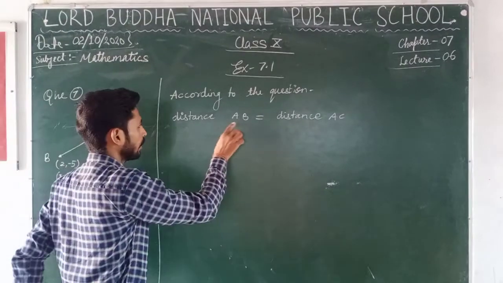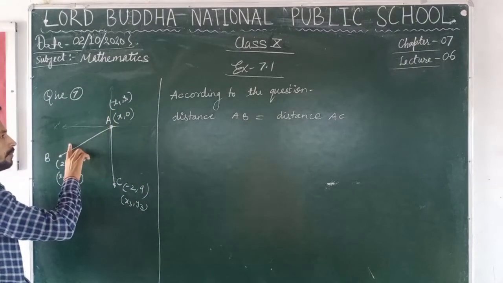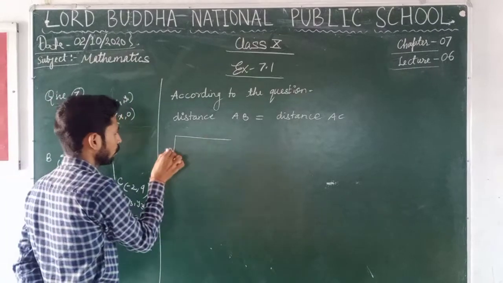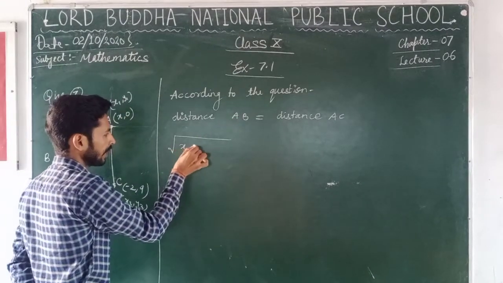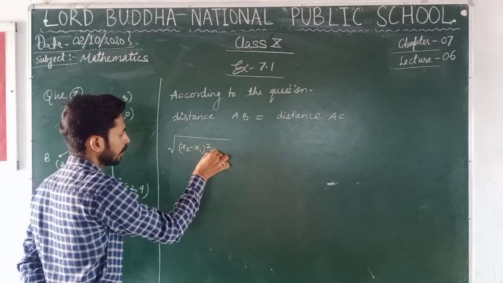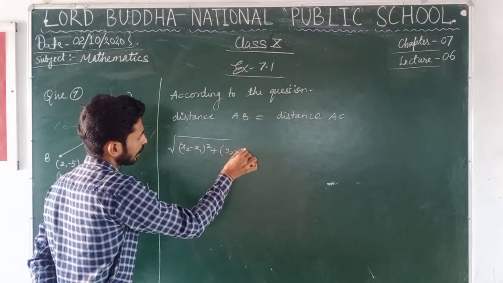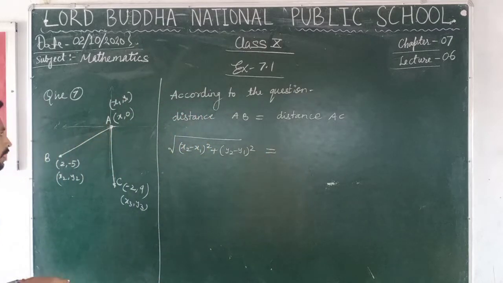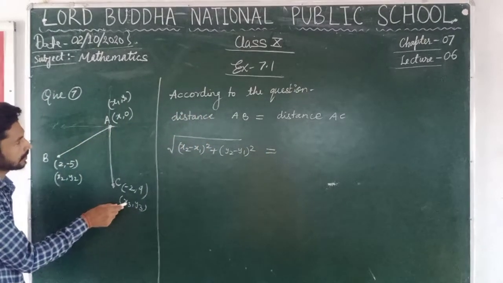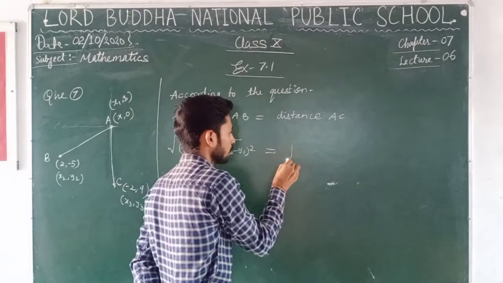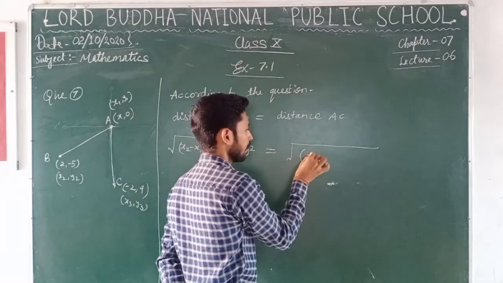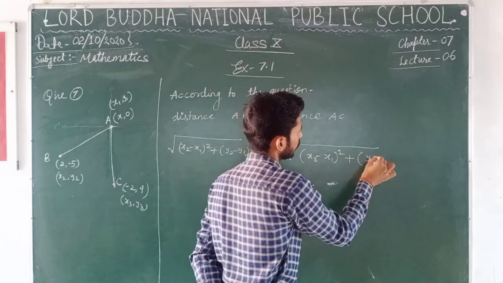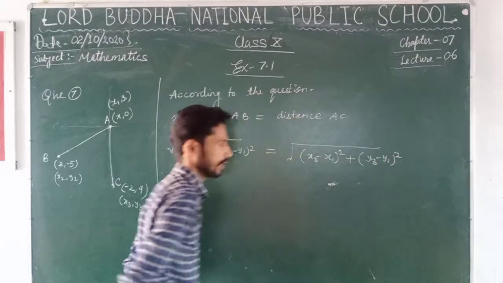So for the distance AB we can put the square root of (x2 minus x1) whole square plus (y2 minus y1) whole square, which is equal to the square root of (x3 minus x1) whole square plus (y3 minus y1) whole square.